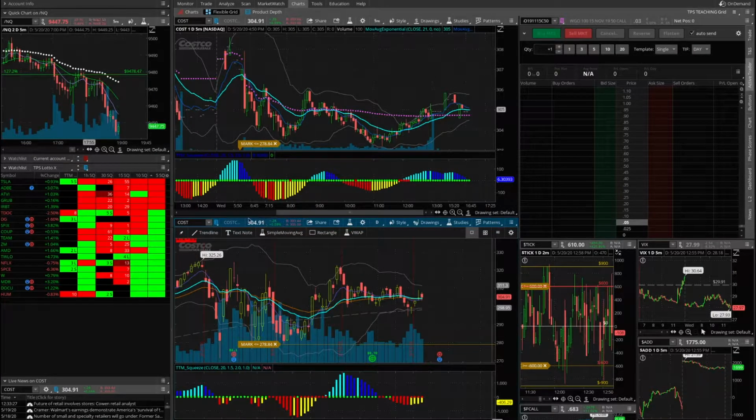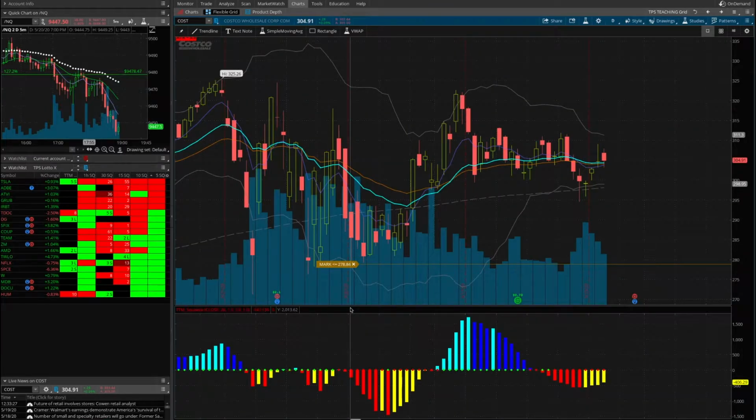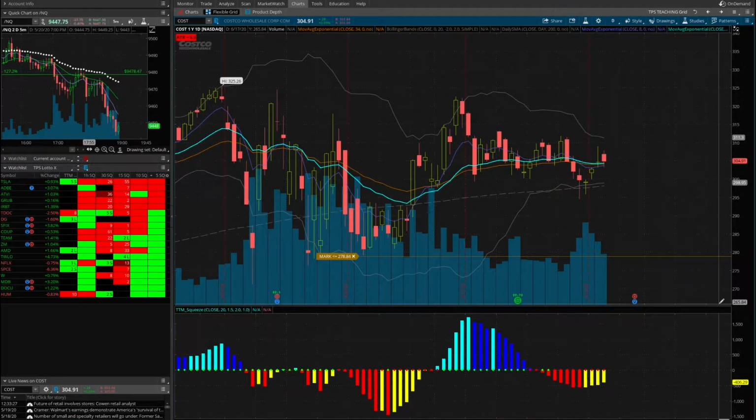In this particular example on the screen, this is Costco on the daily. And we can talk about here what the squeeze represents. When we say a stock is in a squeeze, we are looking for red dots like this on the TTM Squeeze indicator.